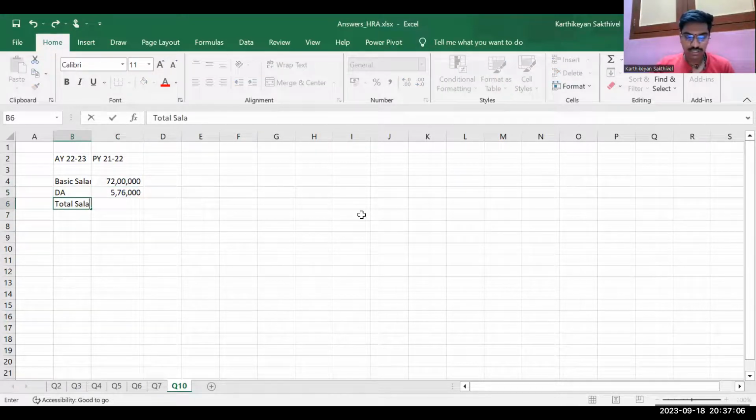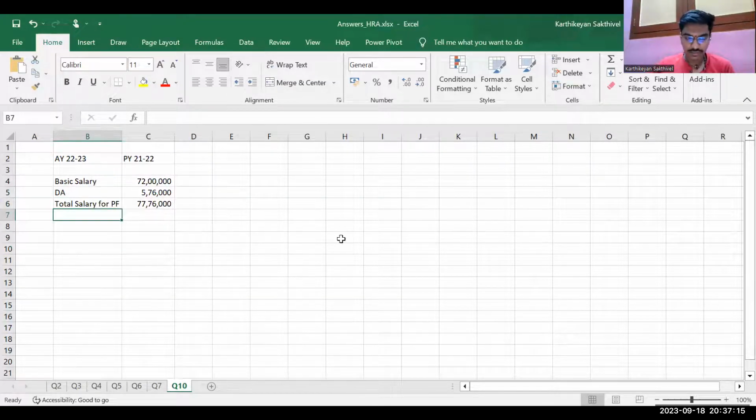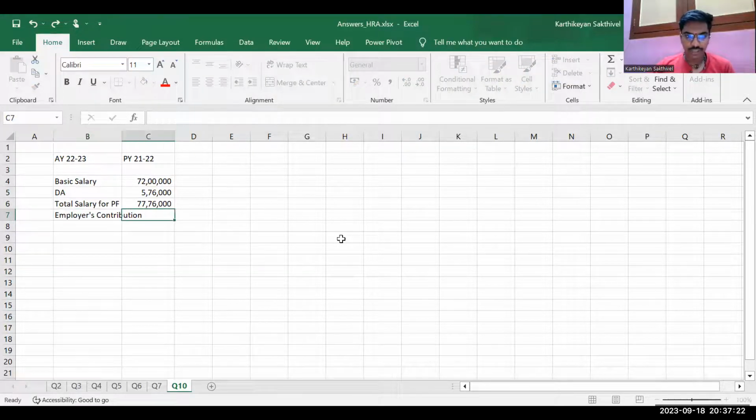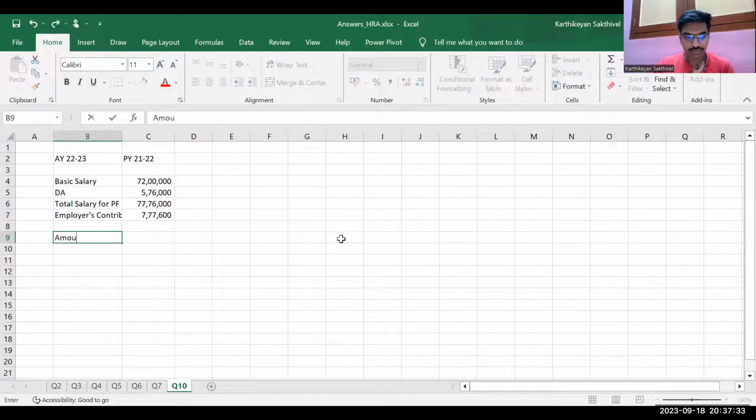So my total salary for PF is going to be 77.76 lakhs. இதுல employer's contribution is, what is the percentage of contribution which is going to be made? 10%. 7.77 lakhs. Amount taxable under section 17(2)(vii).